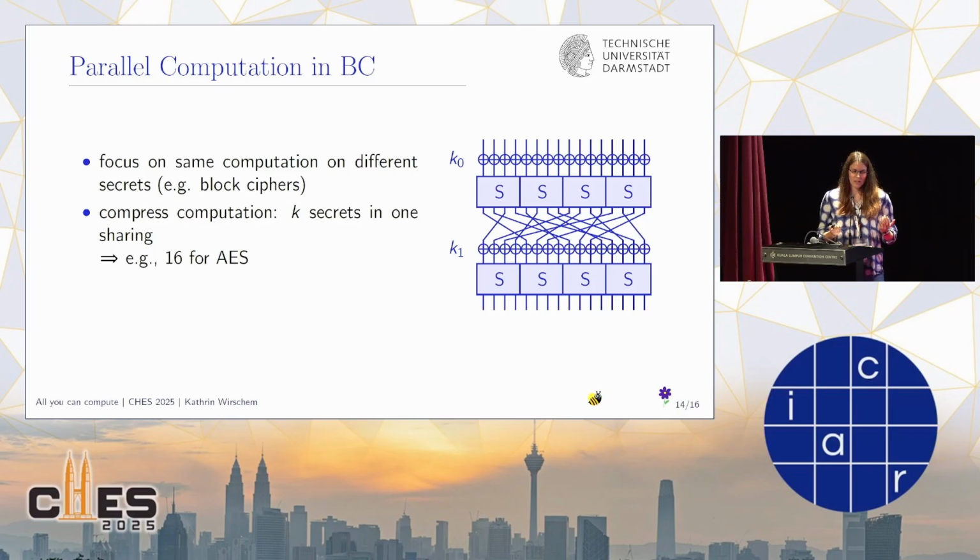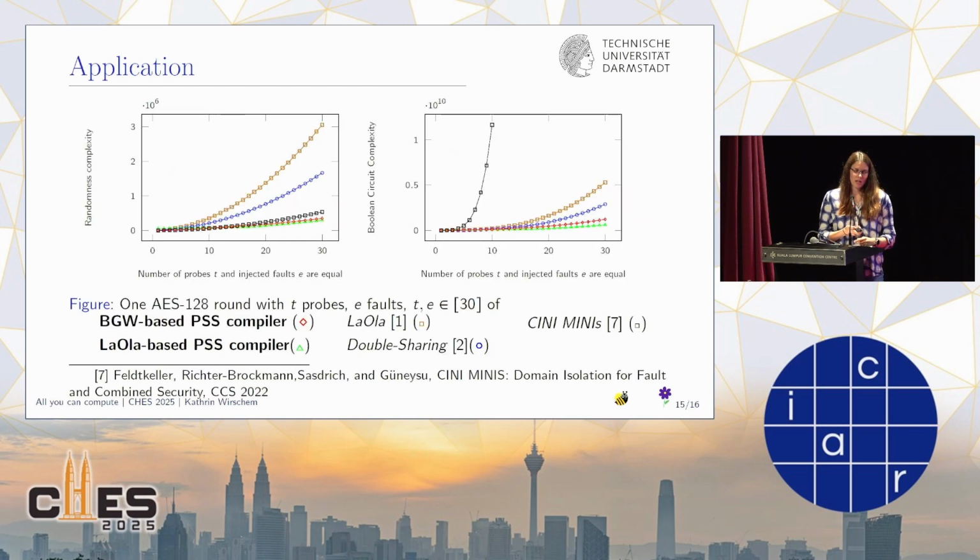So having the possibility of having k secrets in one sharing compresses the computation. For example, for AES, we can put 16 secrets into one sharing and do not need 16 sharings anymore. So yes, we get reduced computational and randomness complexity.